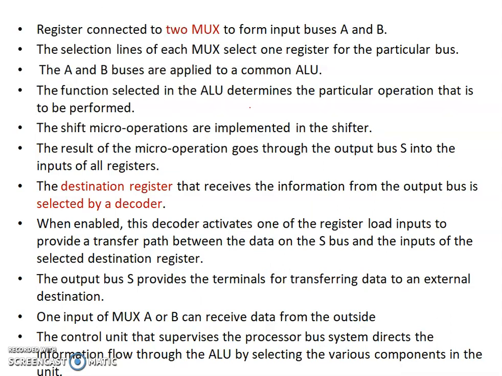This is the explanation related to that diagram. The registers are connected to the 2 multiplexers to form the input buses A and B. Selection lines of these multiplexers, A select and B select, select one register for the particular bus.